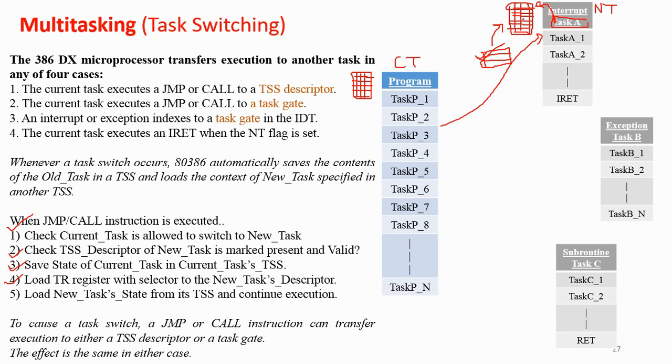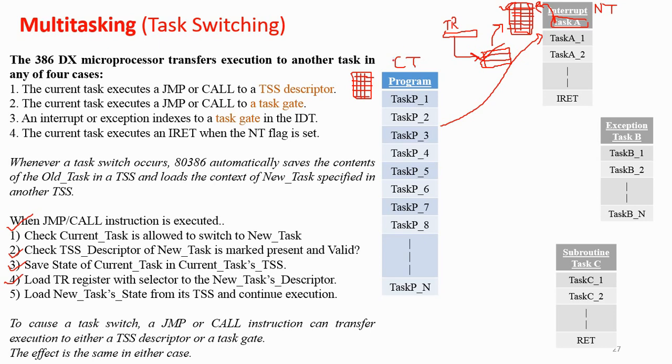So we have got the TSS of the new task. Task register is a register which points to the TSS descriptor of the new task. In this way the microprocessor has saved the important context registers into the TSS.